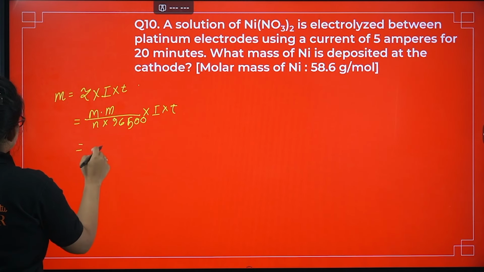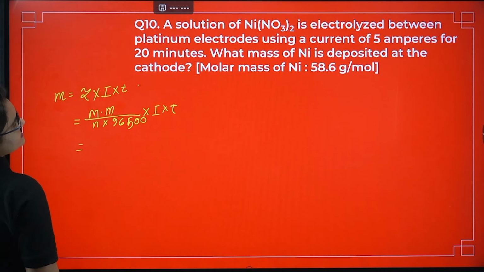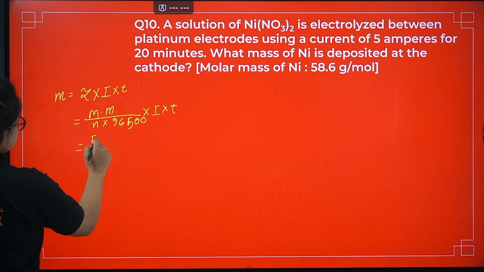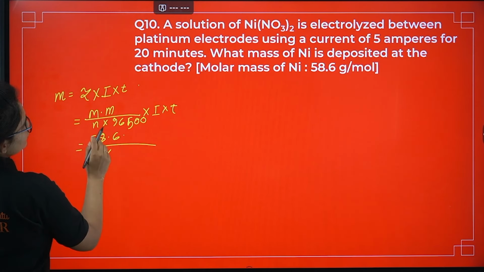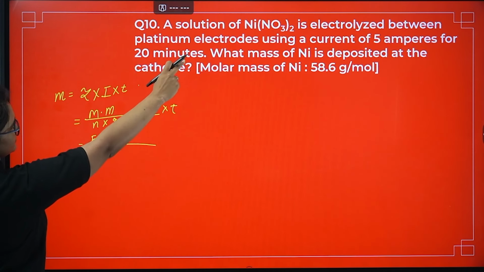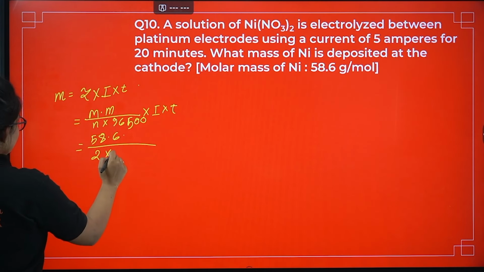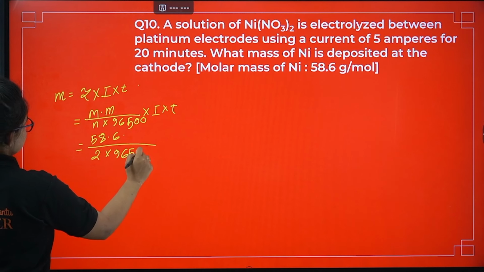Let's put the values over here. The atomic weight of nickel is 58.6, divided by 2 as the number of electrons transferred, because nickel forms a 2+ charge, into 96500.